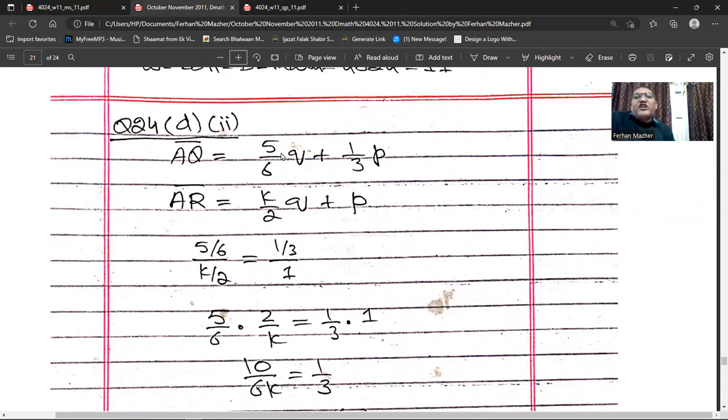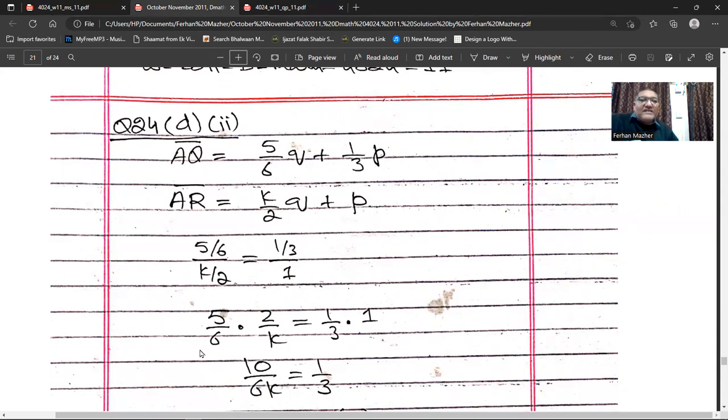So the ratio of the coefficient of the Q to the coefficient of the Q will equal the ratio of the coefficient of the P and the coefficient of the P here. So it will be 5 by 6 by K by 2 equals 1 by 3 by 1. So cross multiply.